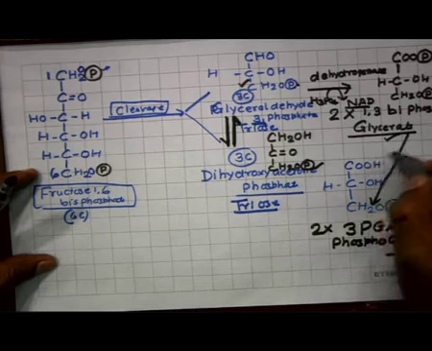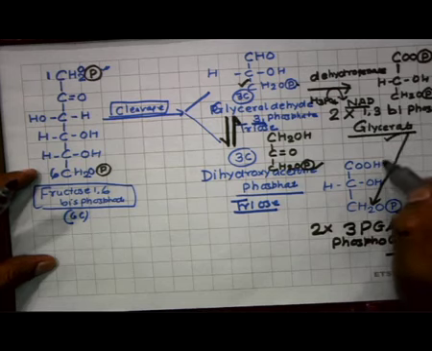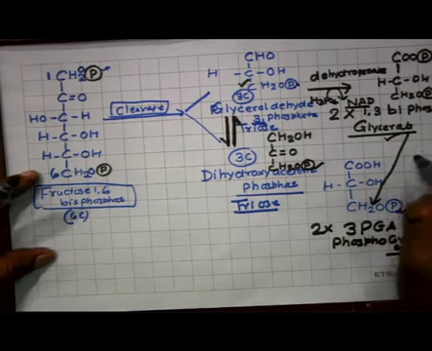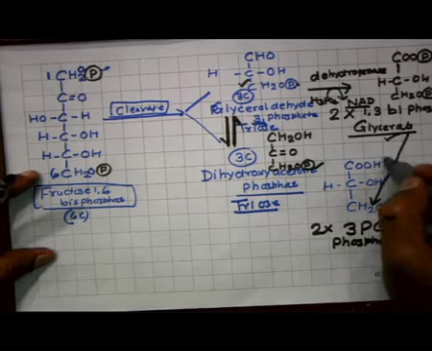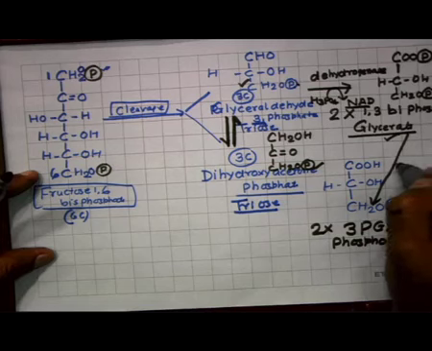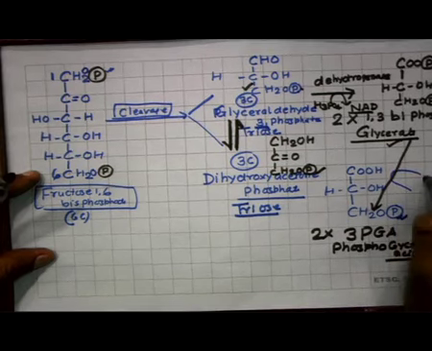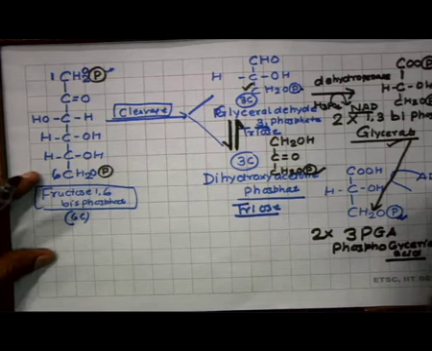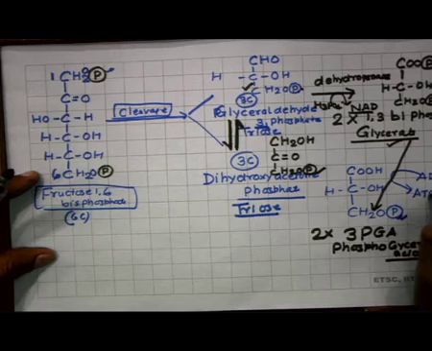The phosphate which is found on the first carbon in 1,3 bisphosphate is now converted into COOH. The phosphate molecule is released, and this phosphate is combined with ADP, adenosine diphosphate, which we already discussed. Now, it is converted into ATP. So, here 2 molecules are there, so 2 ATP is formed.